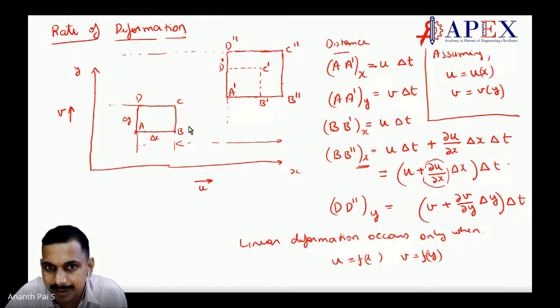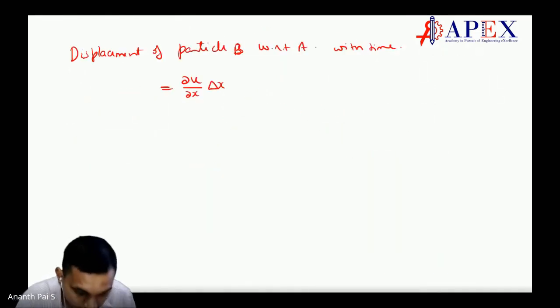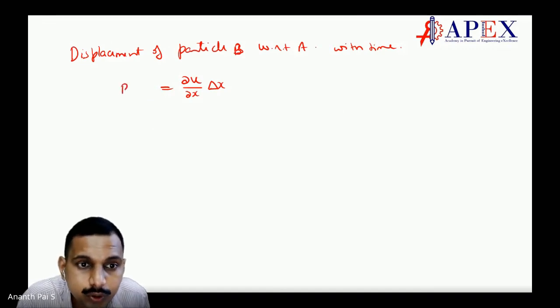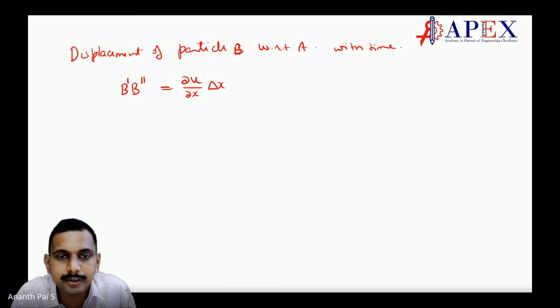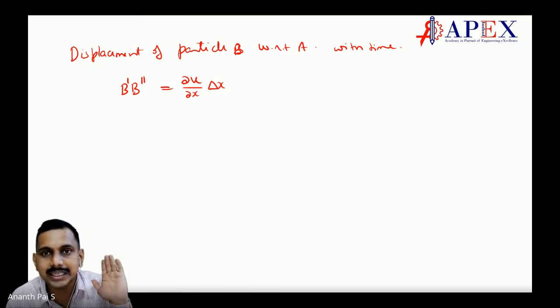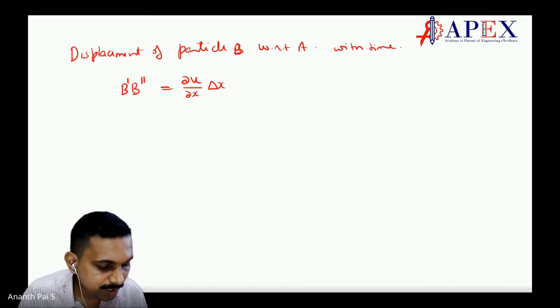So these two are moving continuously. What would be the displacement B dash B double dash? It is equal to dou U by dou X into delta X. Agreed, students?